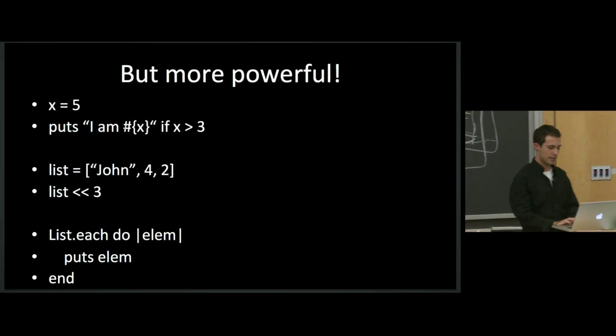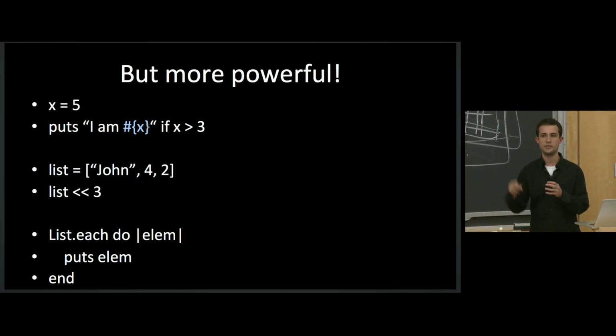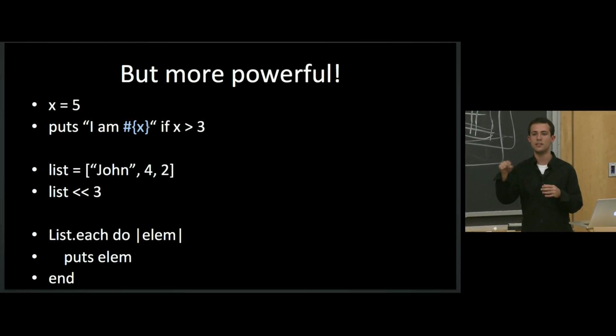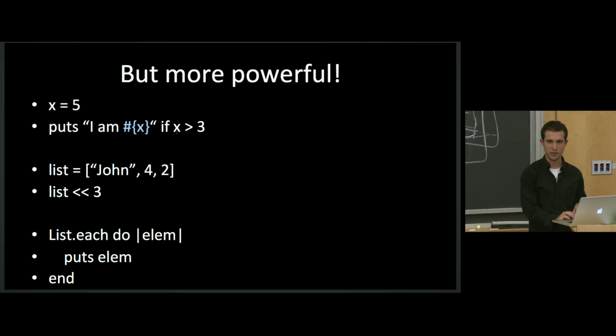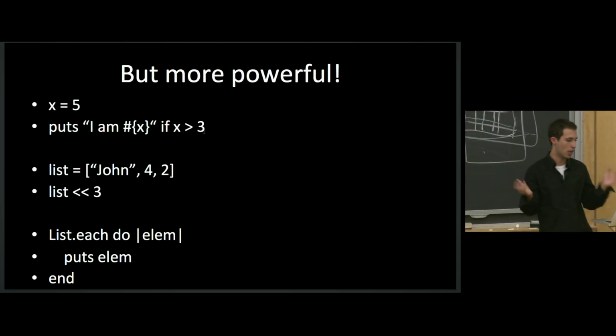This is just syntax for put the value of x here and don't print the character x. In C, you have to do the %d and then put the variable x after the comma here, something like that. And in Ruby, this is shorthand for just doing that. And then puts this if x greater than 3, so you can put the if all in one line.